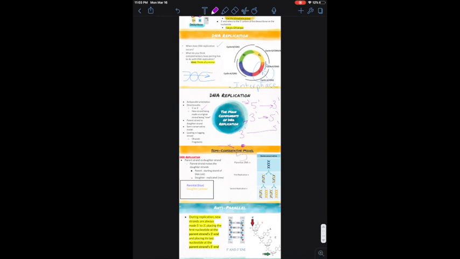So it's making the 5' end, which needs to be placed by the 3' end because they are running anti-parallel. So DNA needs to be made in the 5' to 3' direction.